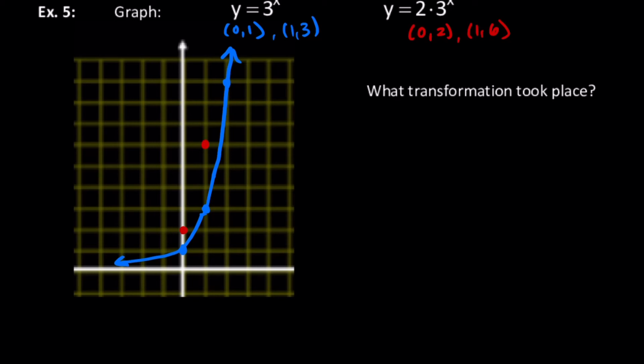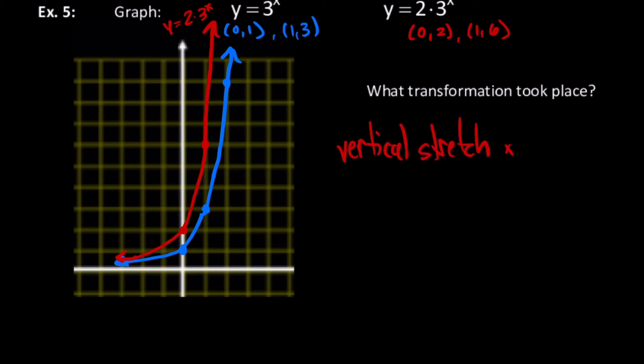Obviously, I don't have room for the other one, but it's going to look like this. Every y value is twice the other graph's y value. And there's y equals 2 times 3 to the x. So what transformation took place? This is a vertical stretch times 2.